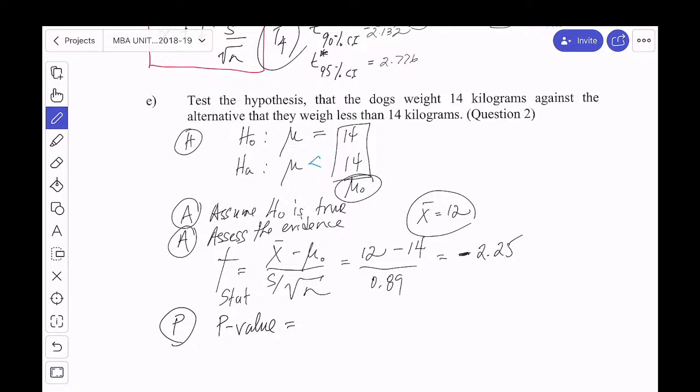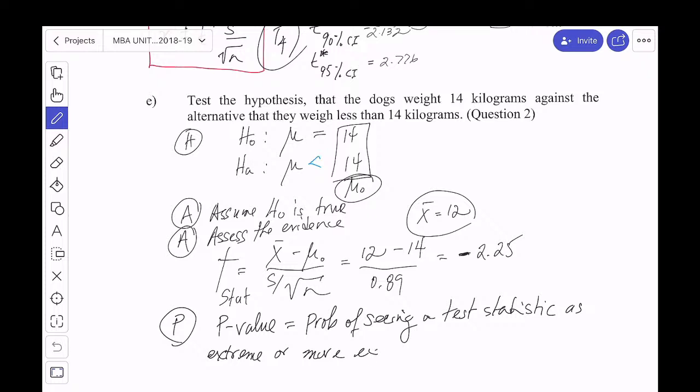Remembering the p-value is the probability of seeing a t-stat in this case, or we'll just say in general, a test statistic as extreme or more extreme given H naught is true.